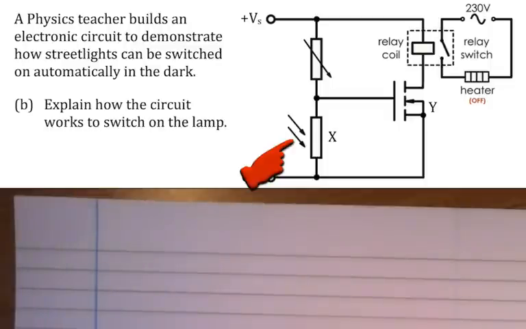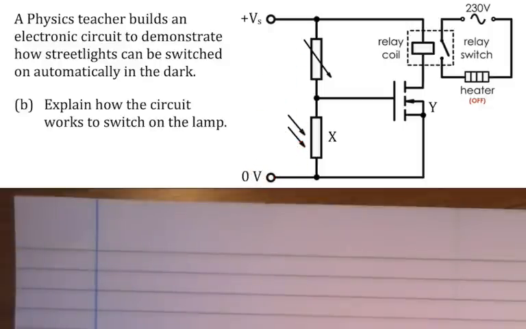So in this circuit, it's this LDR. You want to talk about its resistance and therefore the voltage across it. And if that component, the LDR or thermistor, is down here, that'll be easier to explain than if it's up in this position. I'll show you that kind of circuit later.